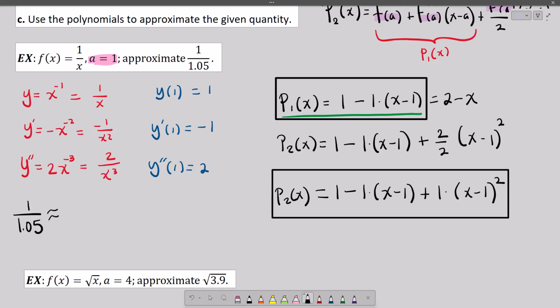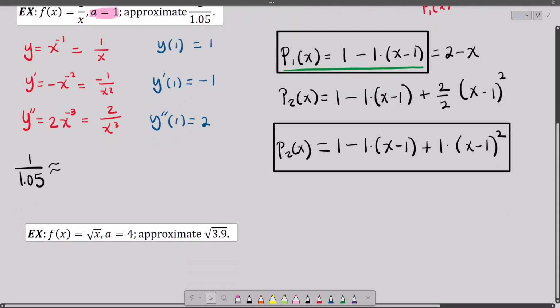That 1.05 is going to get plugged in for the x's that are in our approximations, because that's what x is representing. X is representing the denominator. So 1 over x, 1 over 1.05 is approximately equal to whatever these things are with the x replaced with 1.05. All right, so this x gets replaced with 1.05. Therefore, these x's get replaced with 1.05.